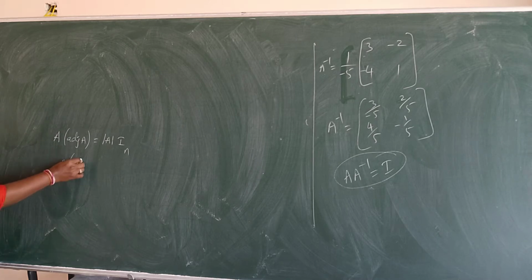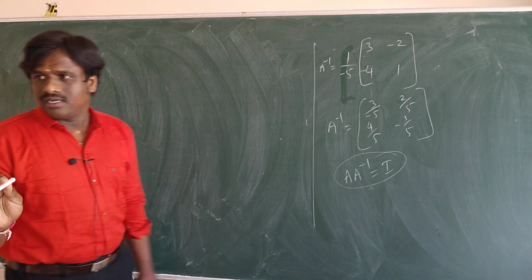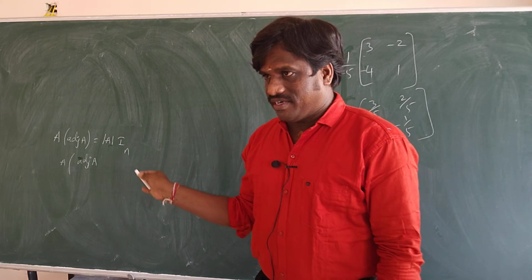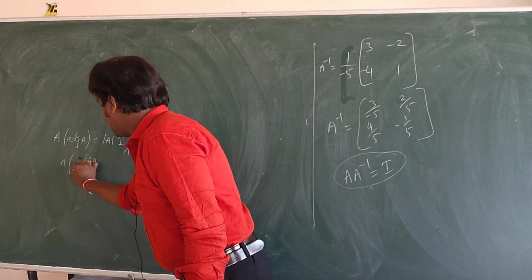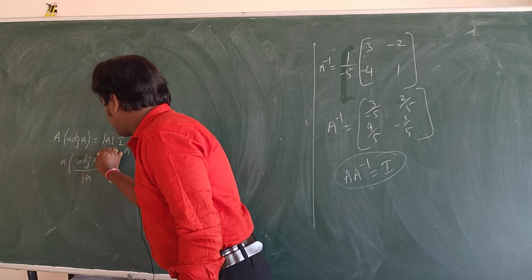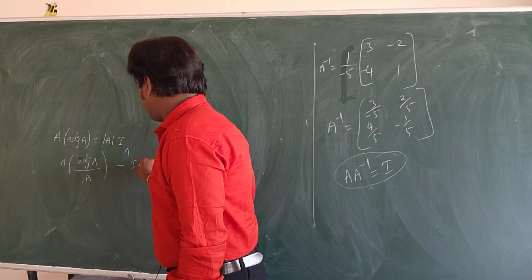A into adjoint, see here, this is adjoint A. Now this determinant is a number, so a number can be divided. A matrix cannot be divided. So this determinant A I can send down, and that is equal to I n.